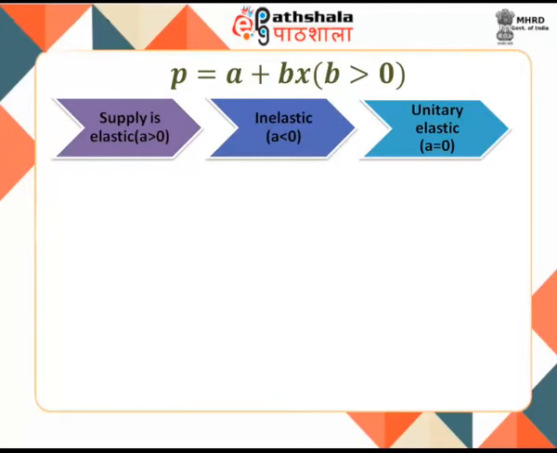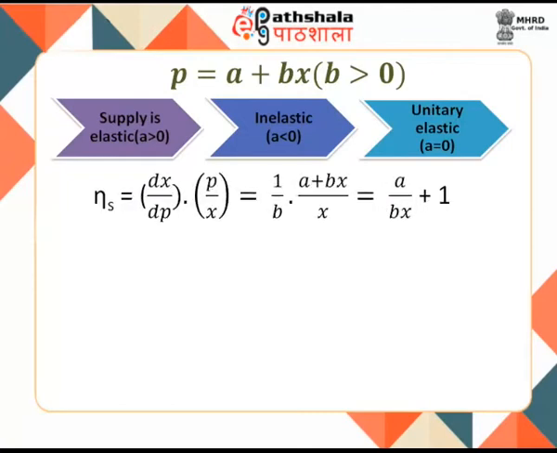Solution: given P is equal to A plus Bx, we get dP by dx is equal to B. Eta s is equal to dx by dp into p by x, which is 1 by B into (A plus Bx) divided by x, equal to A by Bx plus 1.